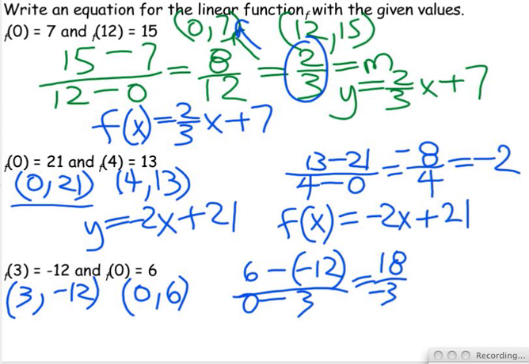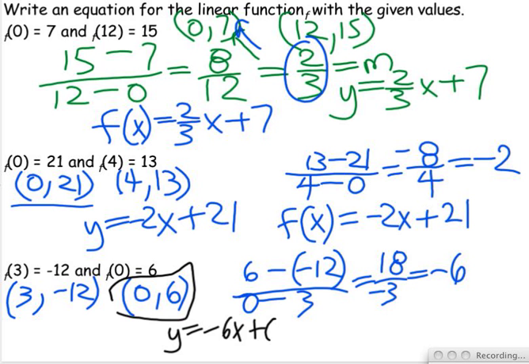That's going to give us a slope of negative 6. And then we have our y-intercept right here. So it's going to be y is equal to the slope, which is negative 6x plus 6. And so if we were to write that in function form, f of x is equal to negative 6x plus 6.